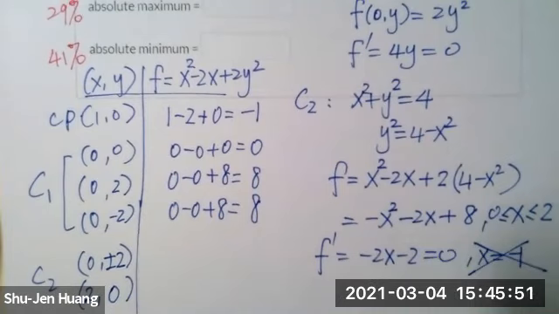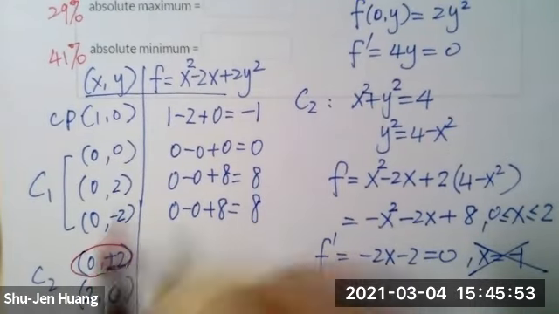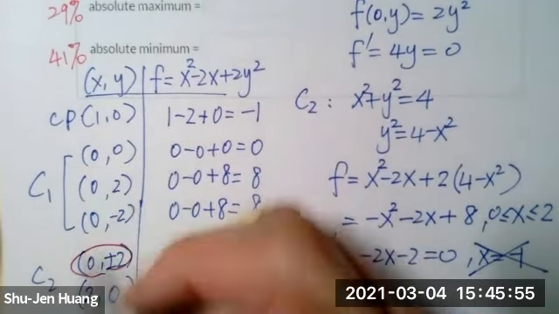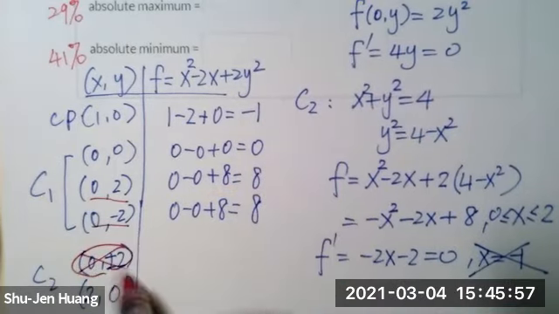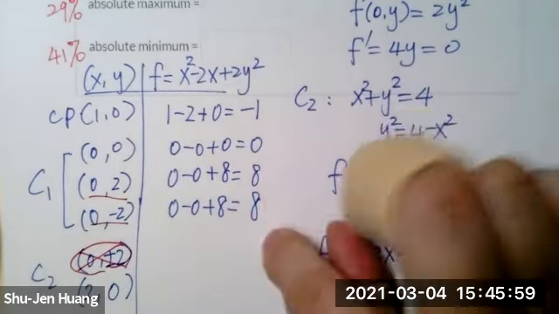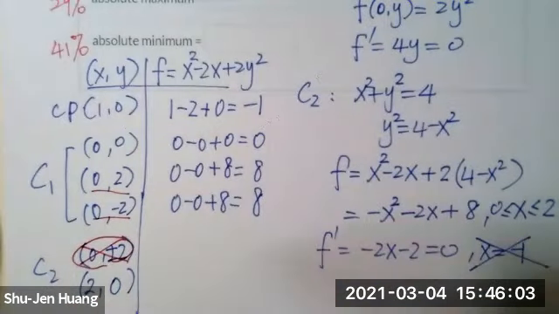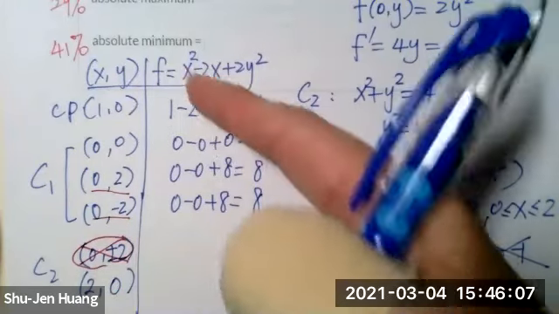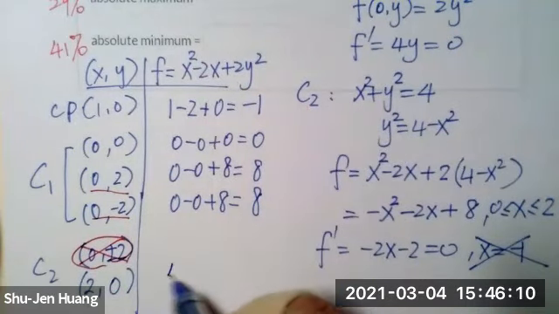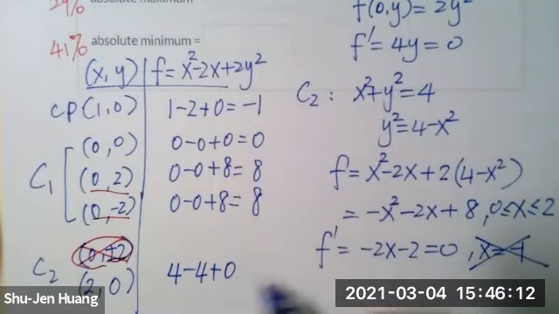But you can see this point is a duplicate from here, so we don't need to consider the function value. We already got that, but this one never happened before, so we calculate the function value here. Plugging x equals 2, y equals 0, we have 4 minus 4 plus 0, so that gives us 0 here. So there are 5 function values we got here.